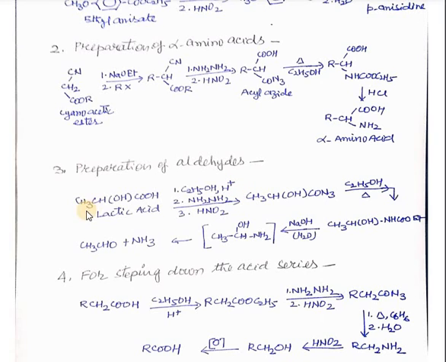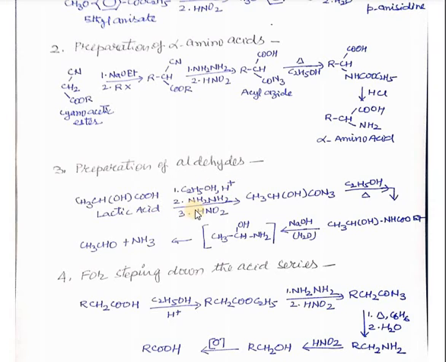So let us see one example of this reaction. This is lactic acid, CH3CHOHCOOH, when treated with alcohol in presence of acid, and second with hydrazine NH2NH2 and nitrous acid.